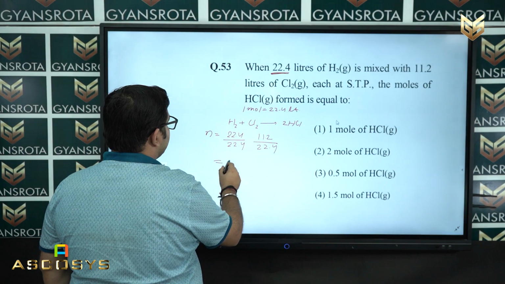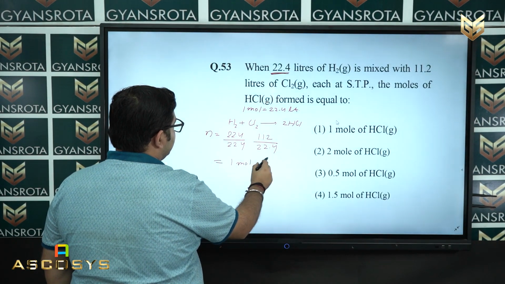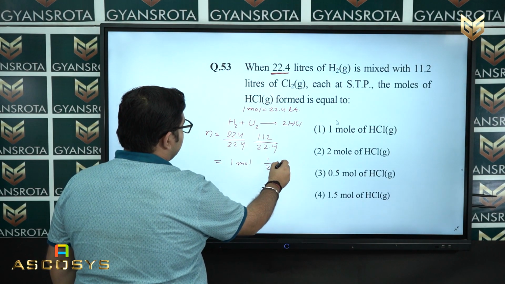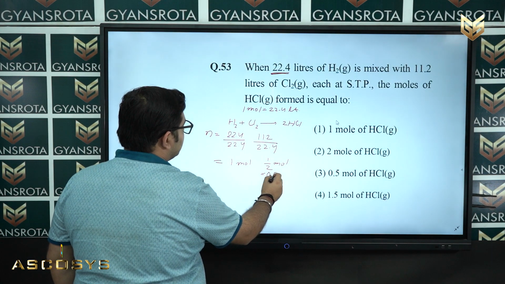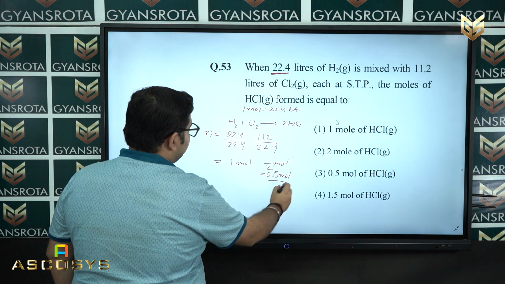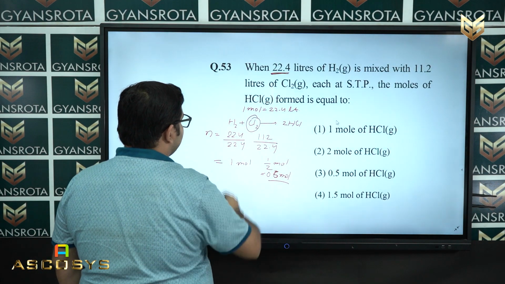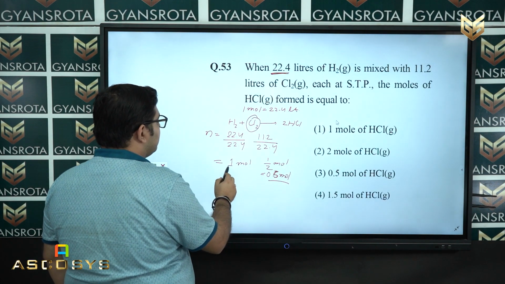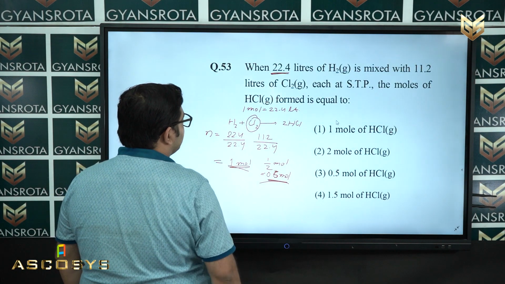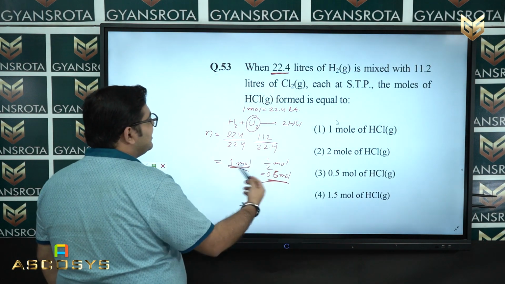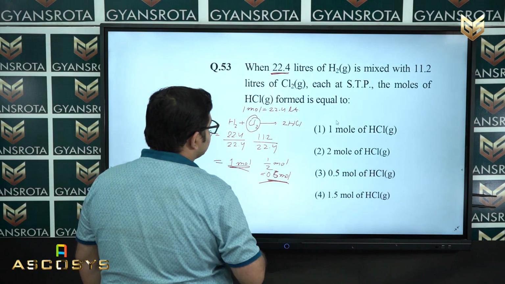So it will come as 1 mole and half mole, that is 0.5 mole. And if you see, the 0.5 mole is basically the limiting reagent, because this one is the highest amount, 1 mole, but this is the lowest amount, and the lowest amount acts as the limiting reagent for this reaction.